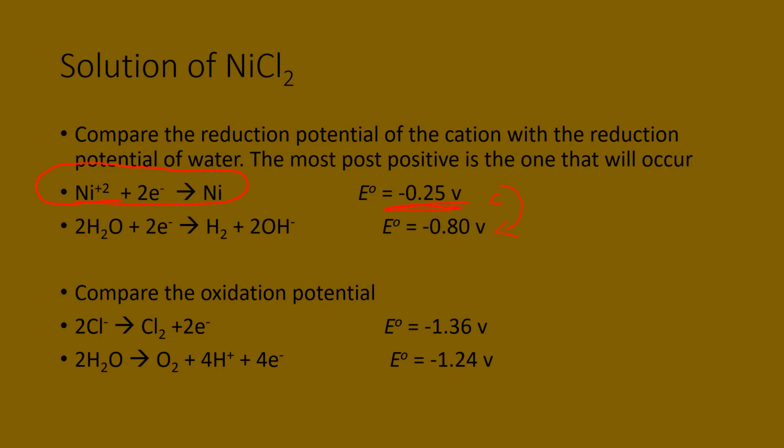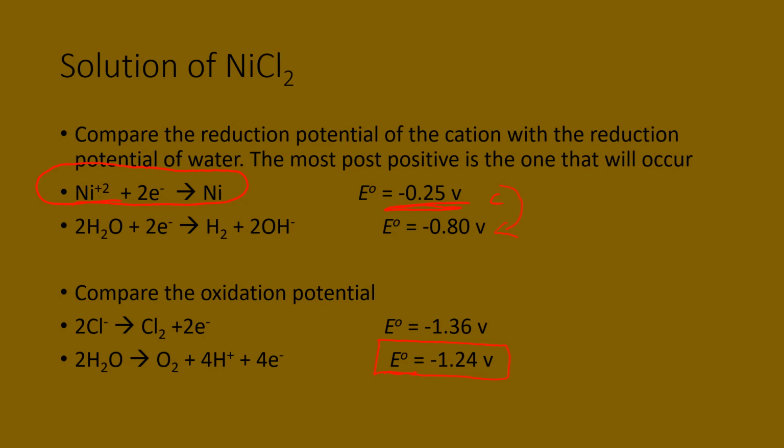So this is favored. When we look at the oxidation potential, and remember, it's always going to give you the reduction potential, so you'll have to rearrange the equation and flip it, and that's already been done here. So the chlorine has a negative 0.136, and the water has a negative 1.24. However, the water is actually being oxidized.